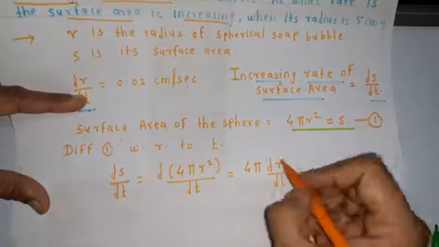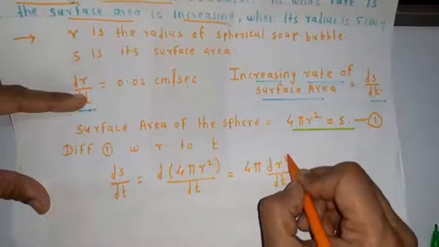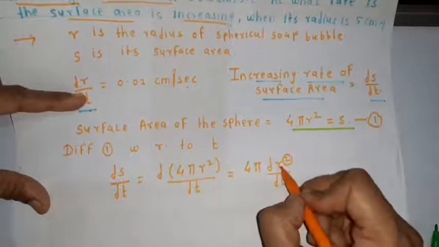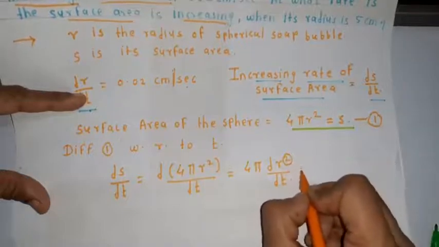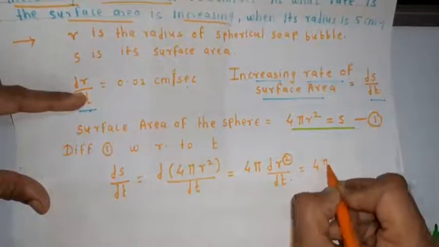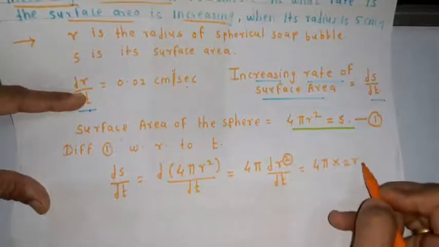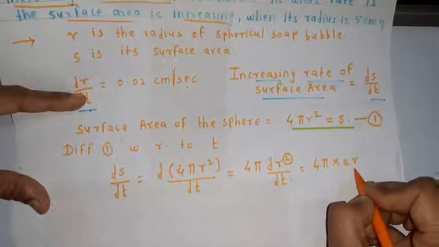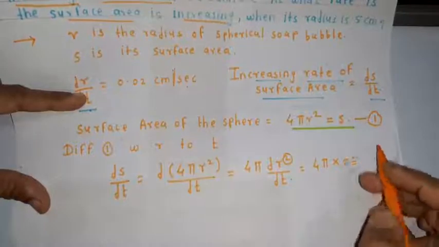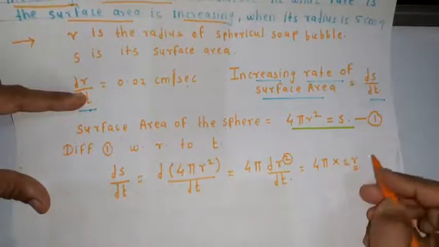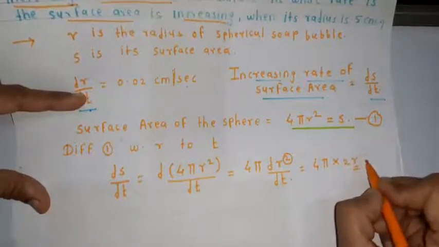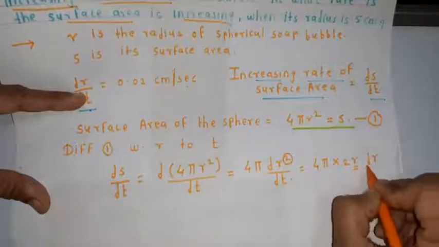And therefore by using n into x raised to n minus 1 formula, we will find out the differentiation of r square, and that is 4 pi into 2r. That is 2 into r raised to 1. But this r is again differentiable function of t. That means we have to find out dr by dt. And therefore again differentiate this r with respect to t.